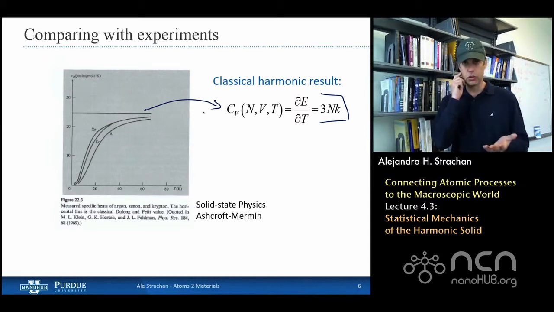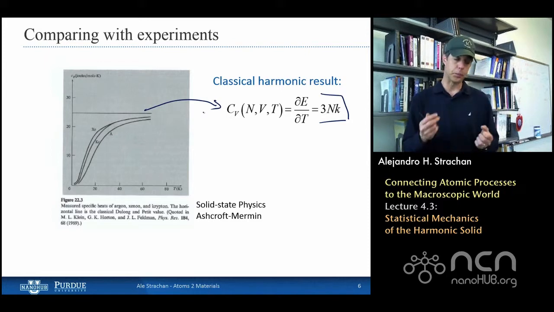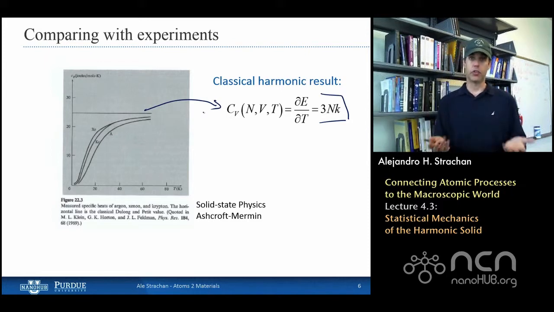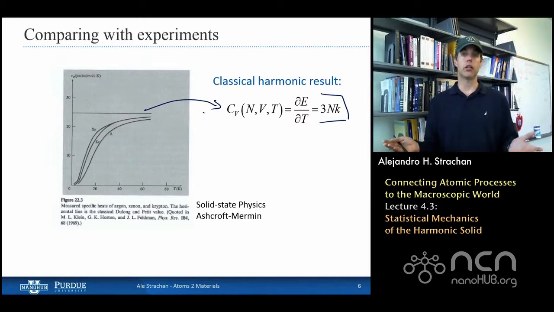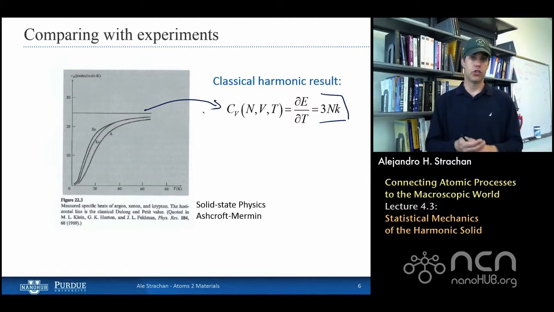Now, one thing to consider is that because of the equipartition of energy, the specific heat that we predict, 3 times k per atom, is independent of anything. It just depends on the number of atoms that you have in the system.